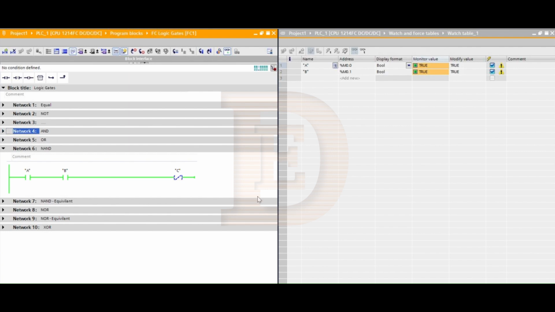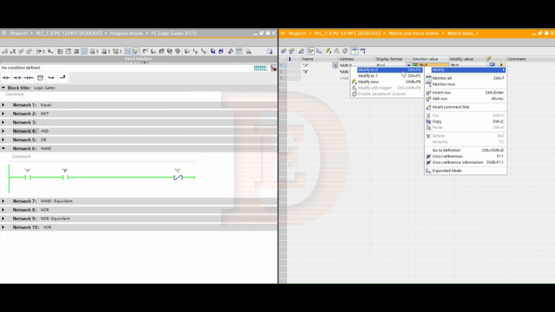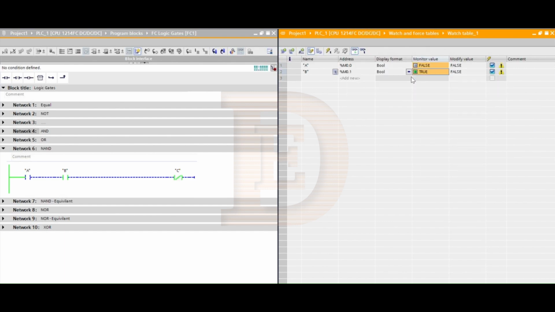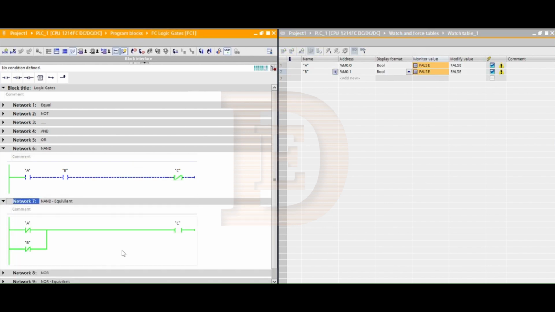Now, we've heard of the equivalent of the NAND, and this is basically this guy. So if we take the negation from the output and take it to the input side, the only difference will be the AND, the series, will be parallel, and then we negate the signals.